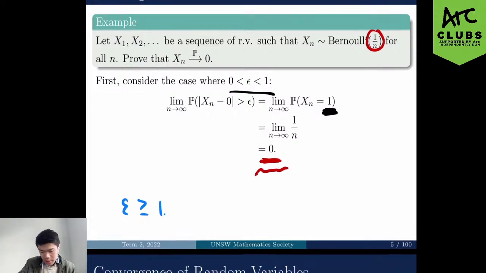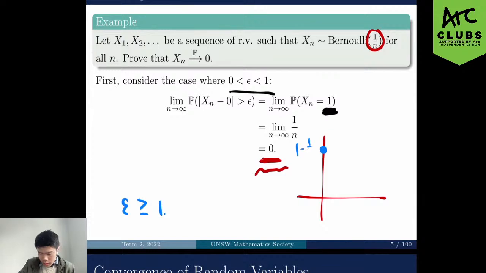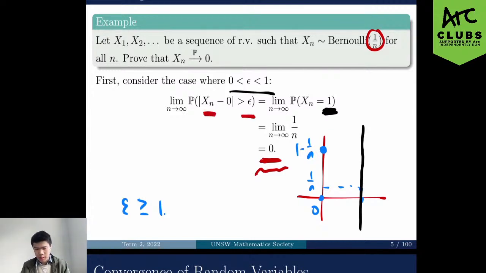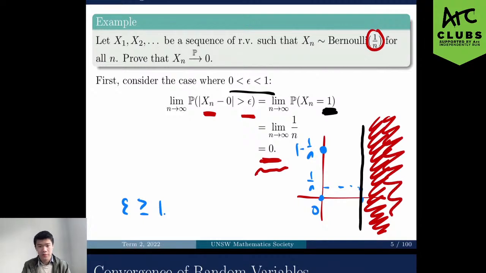Okay, and that's going to be our next case. If we draw our graph again, the two masses, this is 1 minus 1 on n, and this is 1 on n. Well, if epsilon is really big, so it's greater than or equal to 1, then the probability of this event, Xn being greater than epsilon, is actually equal to 0, because we've basically gotten rid of the option of 1, and there are no possibilities left.